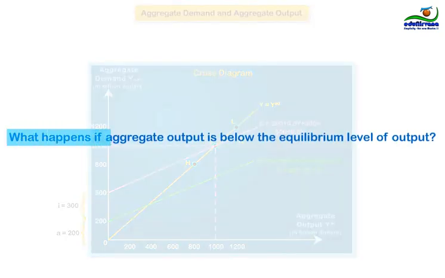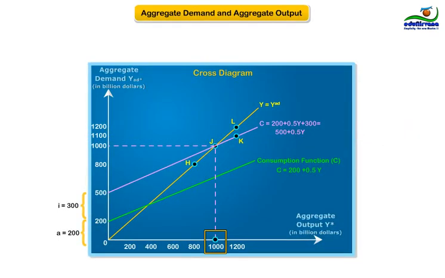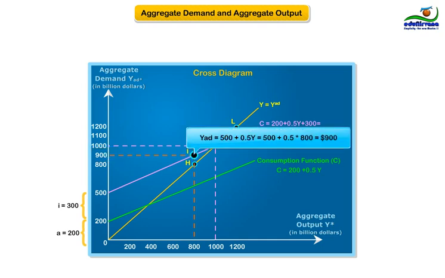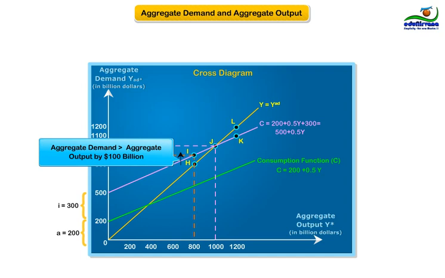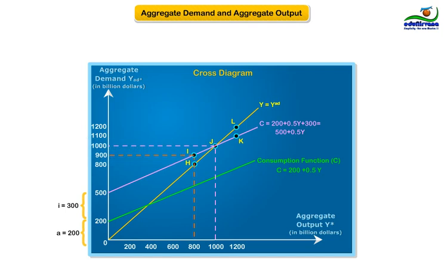What happens if aggregate output is below the equilibrium level of output? Let us say output is $800 billion. At this level of output, aggregate demand at point I is $900 billion, $100 billion higher than output, that is, point H on the 45 degrees line.